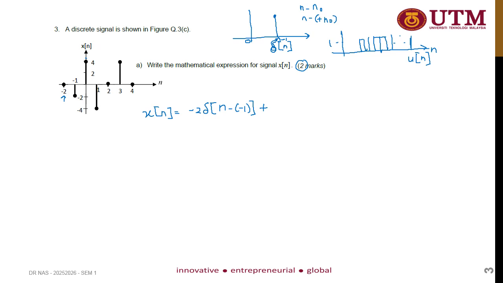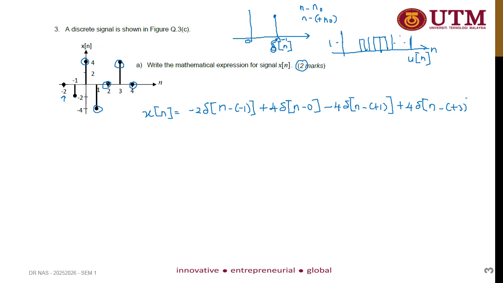and again delta function for n minus n naught, where n naught is 0 in this case. Next you have a negative 4, and then delta, and its position is n minus positive 1. Then you have 0 here, and also here. You have another one here, positive 4 delta n minus positive 3, and then finalize your equation.